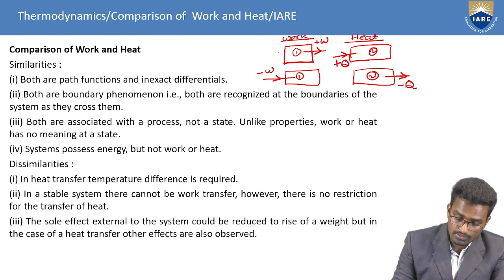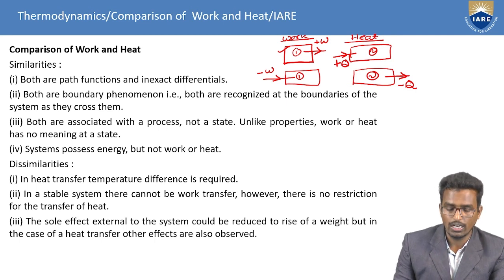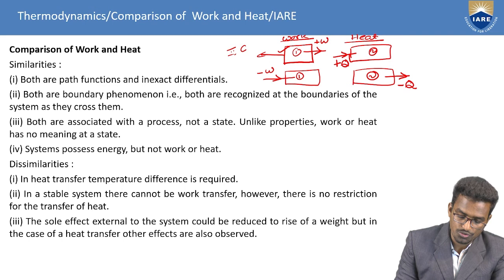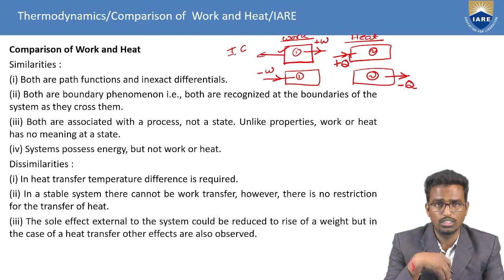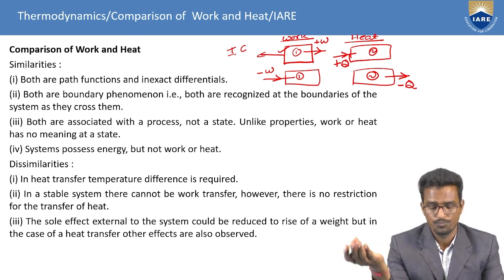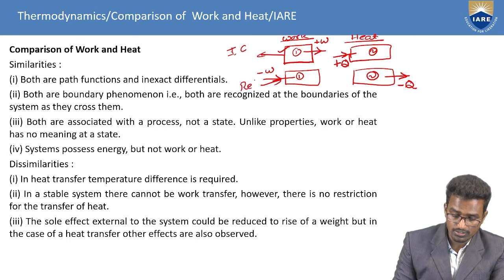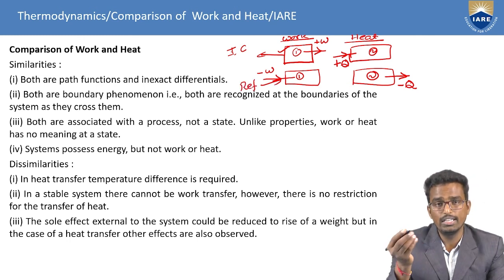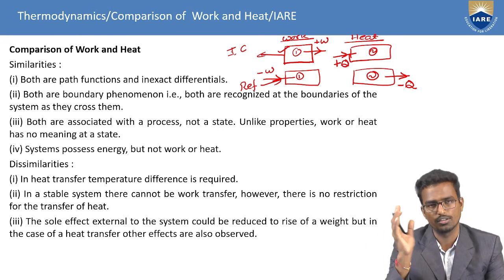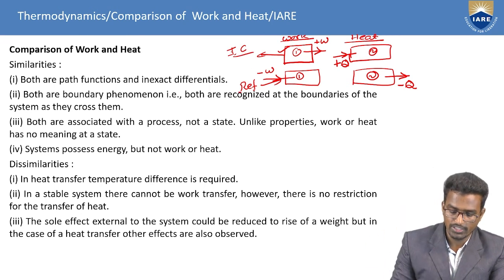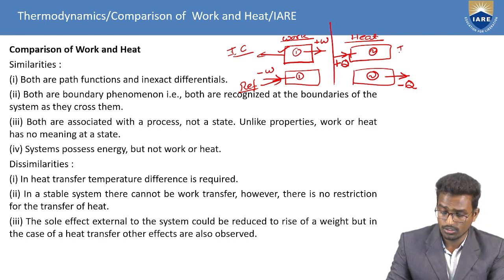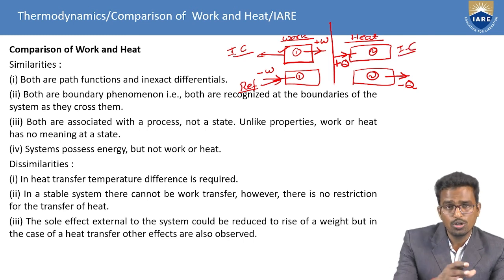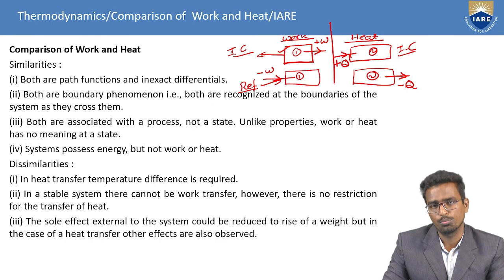As an example for this system, I take an IC engine. It gives us mechanical work output. An example for the other is a refrigerator, which consumes mechanical work and gives refrigeration. So the IC engine and refrigerator are examples for these conditions. The same applies to heat. In an IC engine, it absorbs heat and gives mechanical output, so we are supplying heat to the system to run it.